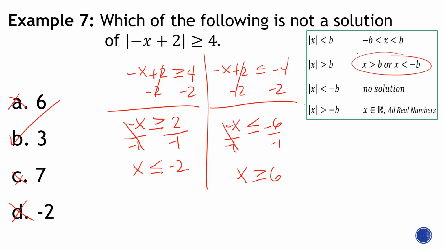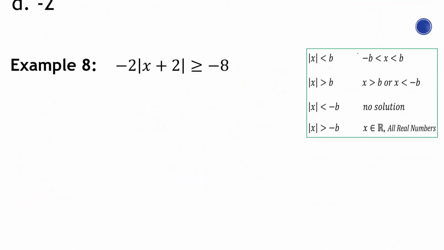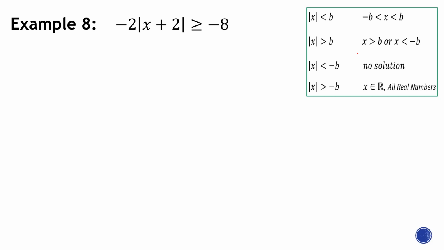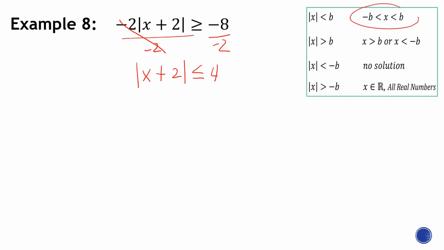Yeah, we did this one. Next. Here, that's a greater than symbol, right? But when we divide by a negative number, that will change. This is the solution for that.